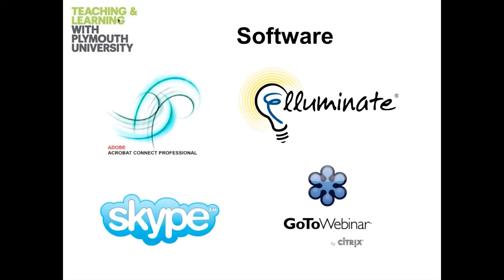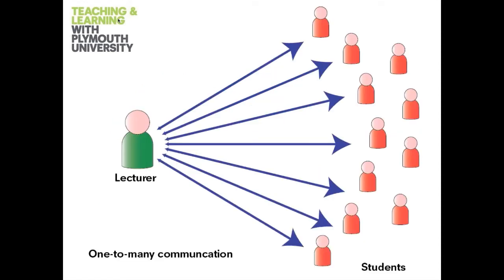So what we're going to do now is just discuss some best practice. This is through testing, and Dan will outline more details in his case studies. We see this piece of software as a replacement of the typical lecture, a very one-way communication, so that the lecturer or presenter will be directly talking to students, and the students can communicate with the lecturer by asking questions, but not with one another.